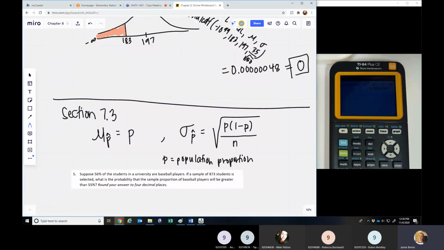All these questions will have to do with some kind of percentages in the problem. You'll see a percentage, and that'll be your indicator, like, okay, this is a proportion problem, so use my formula for proportions instead of for means. This question is off of the practice quiz.